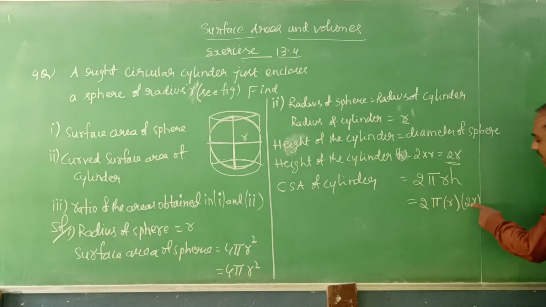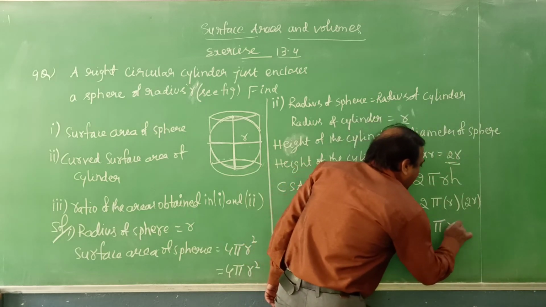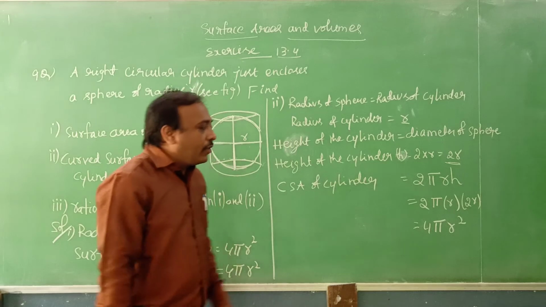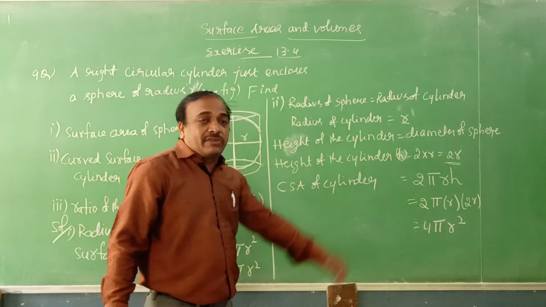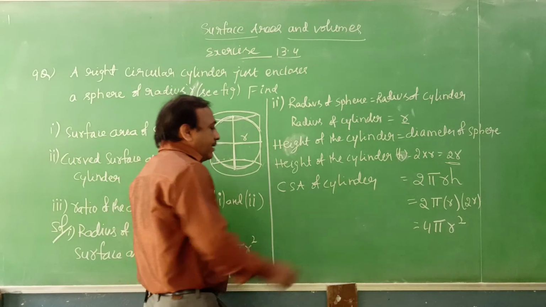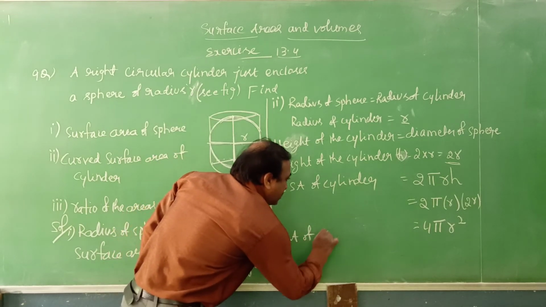Now 2 twos are 4, which is 4 pi r square. So the CSA of the cylinder also we got 4 pi r square.